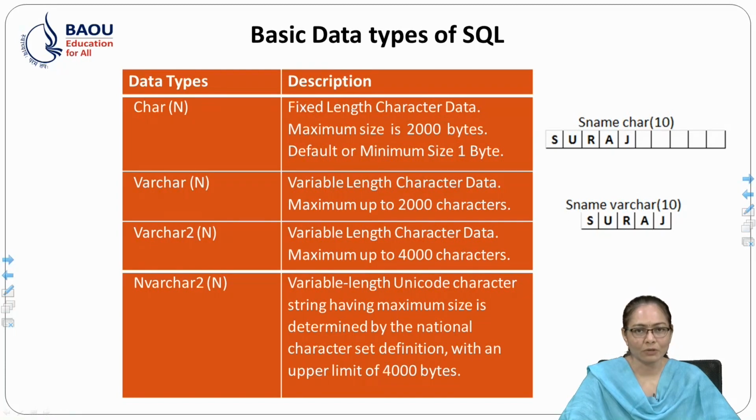Now VARCHAR2(n) is the variable length character data, maximum up to 4000 characters. NVARCHAR2(n) is a variable length Unicode character string having the maximum size determined by the national character set definition, with the upper limit of 4000 bytes.